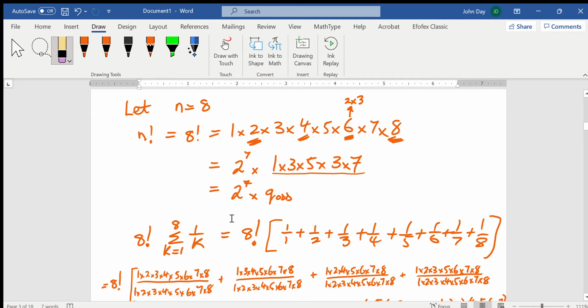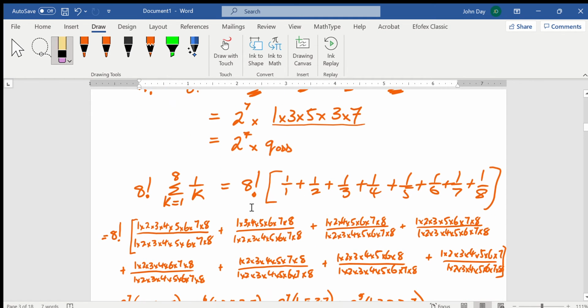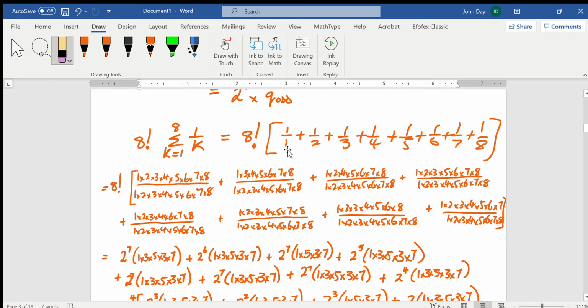We also know that with the fraction part of things, we can write them with a common denominator, and the common denominator of 1, 2, 3, 4, 5, 6, 7, and 8 is 8 factorial. As you can see, I've written out 1 on 1 plus 1 on 2 plus 1 on 3, etc., with the common denominator of 8 factorial, the long way.